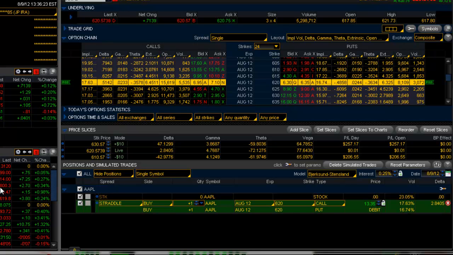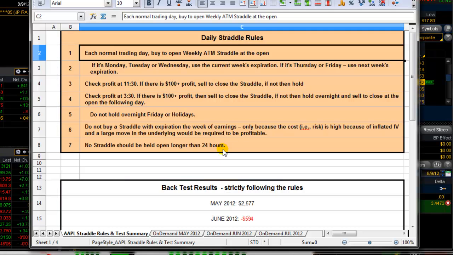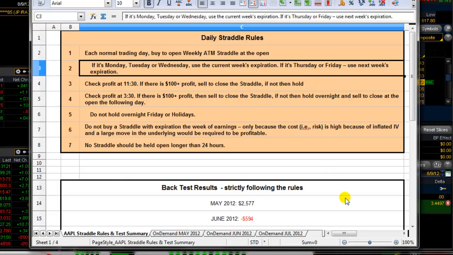Alright, so back to the rules. Second rule, related to the first: if it's Monday, Tuesday, or Wednesday, use the current week's expiration. If it's Thursday or Friday, then you would use the next week's expiration.